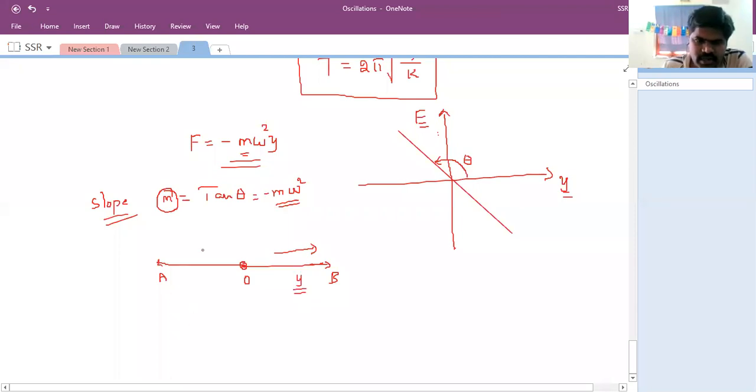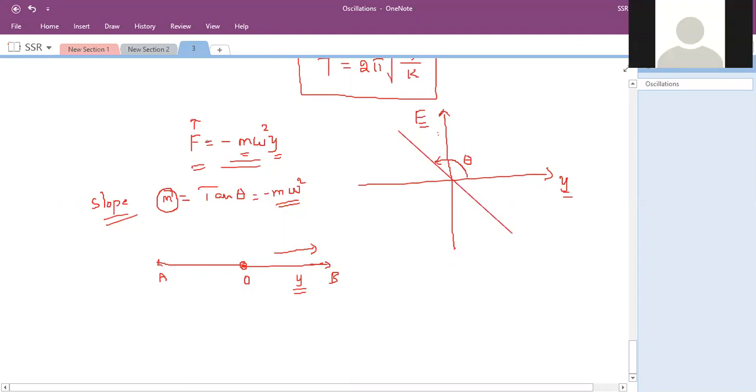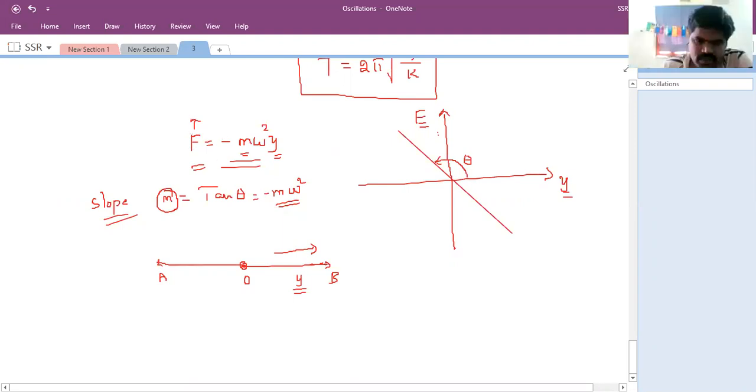Since force F is proportional to minus y, if y is increasing, F also increases. That means the restoring force also increases up to the extreme position. At the extreme position, where y is equal to a, the amplitude, the restoring force will be maximum and the particle will stop.